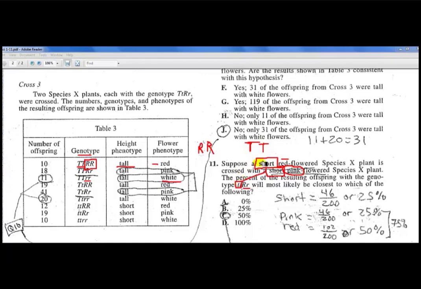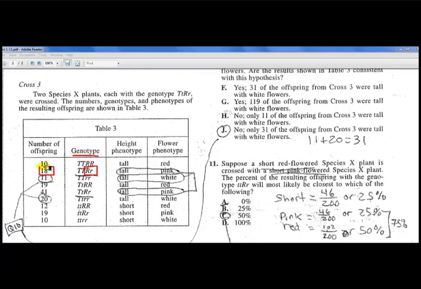First of all, we already know that the stem length here is short, and that has to be small t. So let's get rid of that. We're going to focus on capital R, small r. Now, I'm going to clear the screen and watch how easy this is. We're going to go into table 3 and we're going to find capital R, small r, and when we see that in the genotype here, let's look and see.